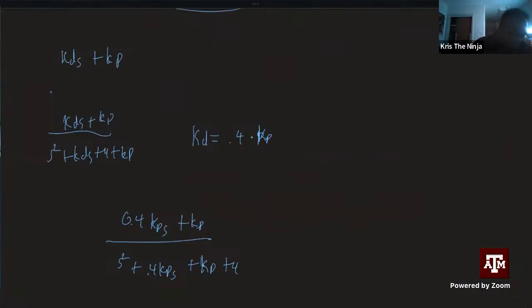Okay, and now what we can do is we can take our S1 equals 0.4 minus the square root of 0.16 minus 4 times KP plus 4 over 2.